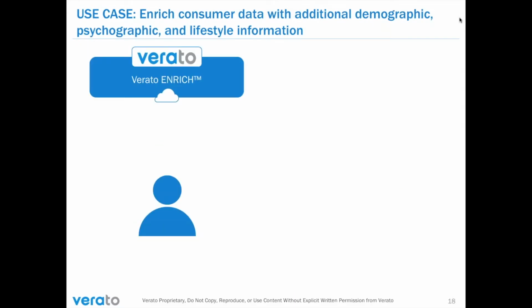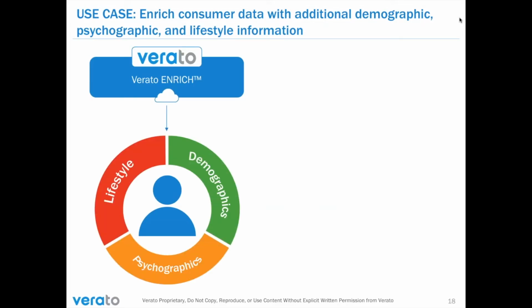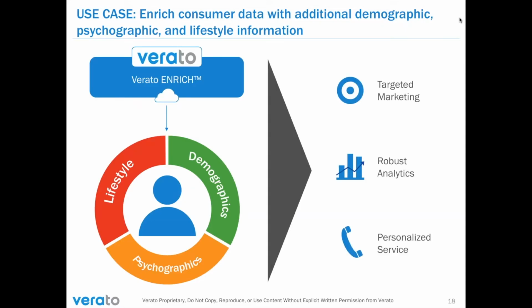Now there's another scenario that we haven't touched on. We've talked about kind of big, important things in terms of a business, right? Fraud and claims efficiency and billing and things like that. But part of the consumer-centric change in the health insurance industry is also just being able to understand things like lifestyle and demographic and psychographic information about your consumers, so that you can do more targeted marketing, better analytics, better personalized service.